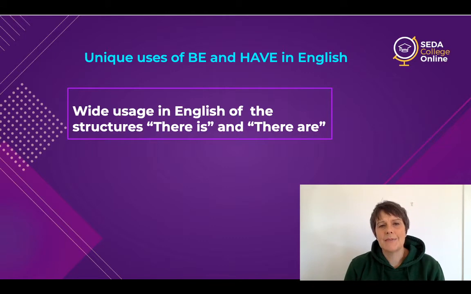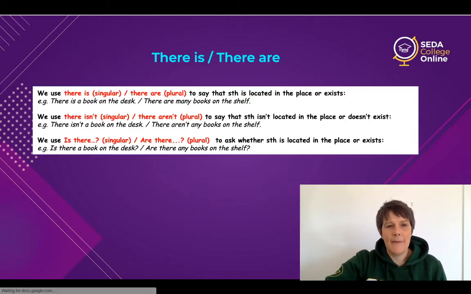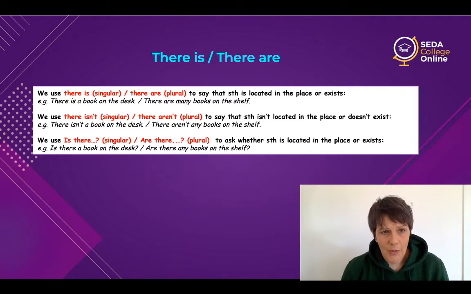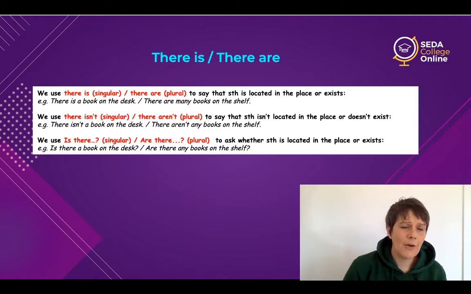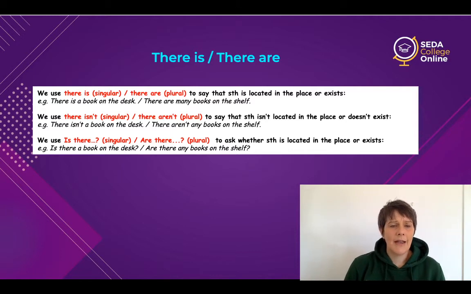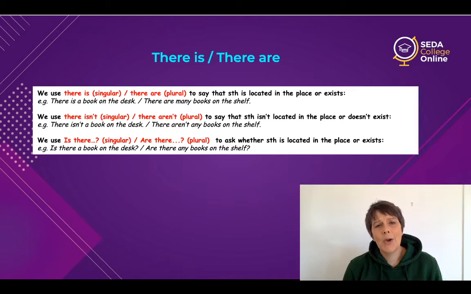Did you write those things? Because that's how we speak. I'm absolutely confident that you know the structure of there is and there are. There is is singular, there are is plural, the negative is there isn't or there aren't, and the question is, is there or are there? I know that you know that, but my question is more, are you using this structure?